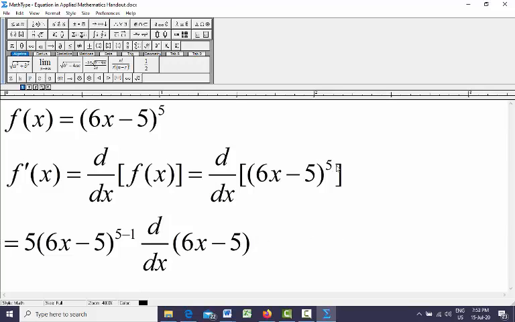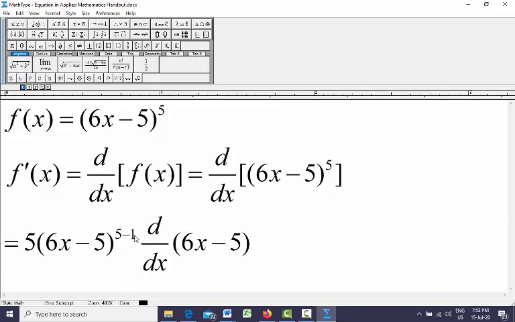I'm repeating again: first you need to do the differentiation of power, and when you do that, you write the power first, and then from the existing power you deduct 1.